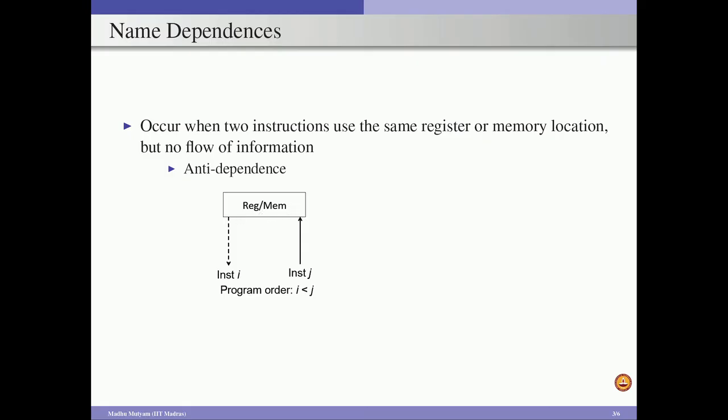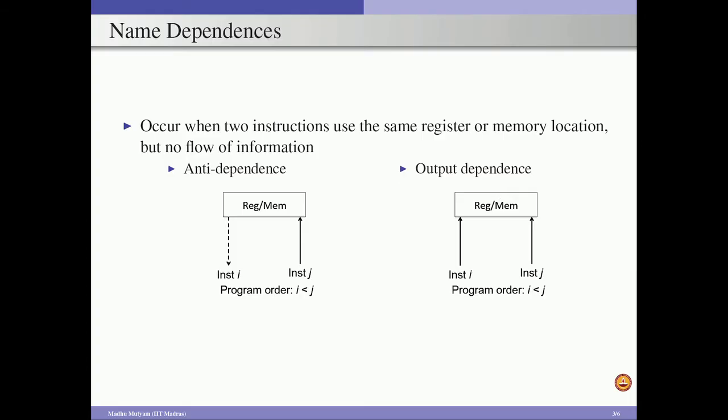The other name dependency is the output dependence. Again consider instruction I, which comes before instruction J in the program order, and both instructions write different values to the same register or memory location.